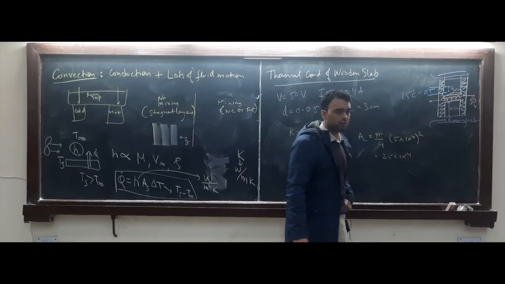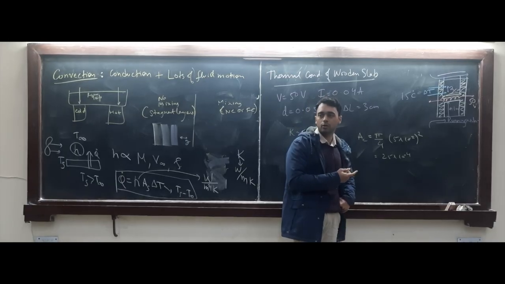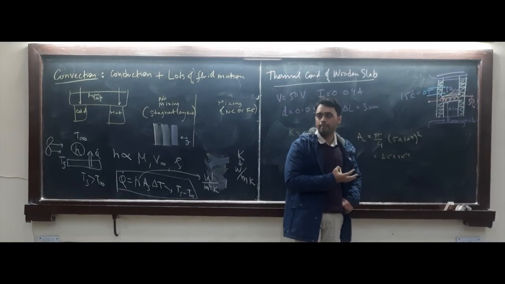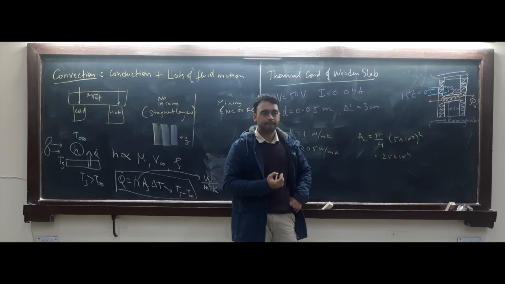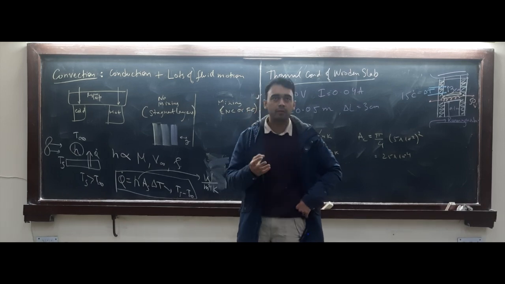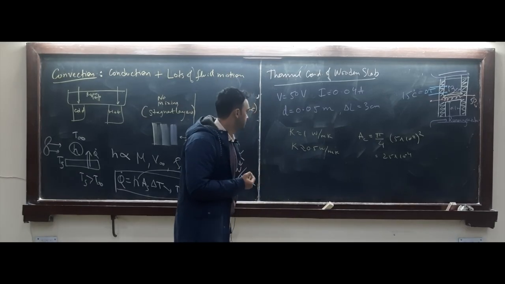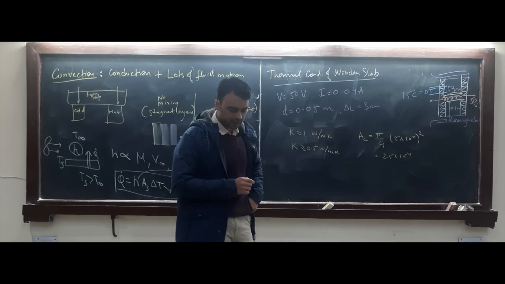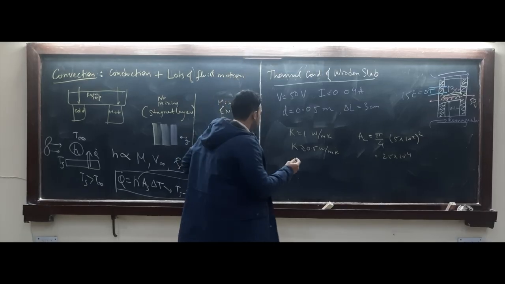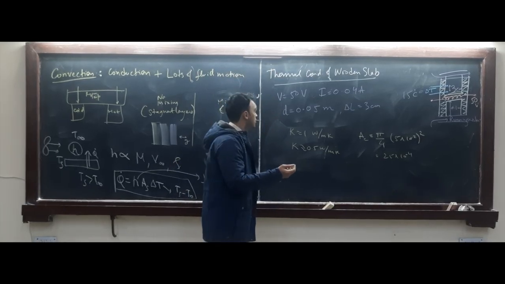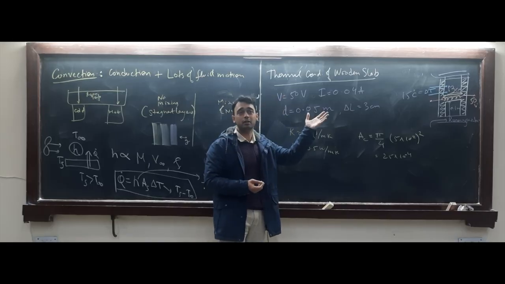Let's do the calculation. What is the AC you got? I directly substituted. So tell me here which is correct. Others, please find AC so that we know. So basically the idea is, you have to find thermal conductivity.